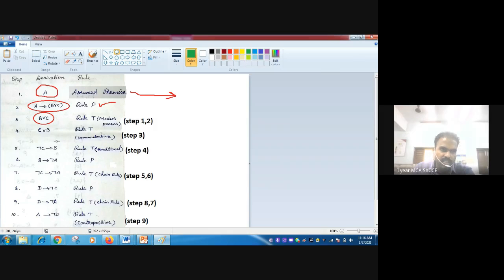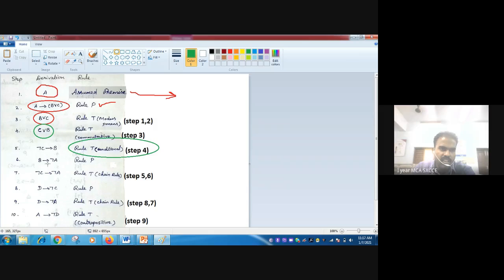After that, using the commutative law, B cup C becomes C cup B. Here the commutative law is used for step 3. Then conditional as disjunction: C cup B is converted to negation C goes to B. So conditional as disjunction is applied for step 4, right?